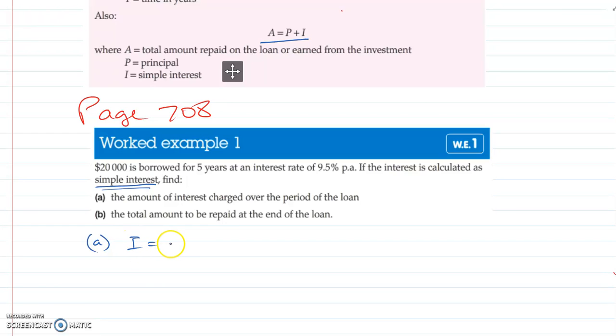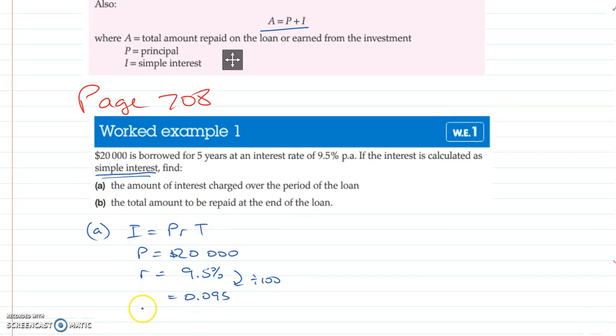I equals PRT. So what does P equal? That's the $20,000 that we are borrowing. What does R equal? That's the interest rate, 9.5% divided by 100, and that's 0.095. T is time, that's 5 years.